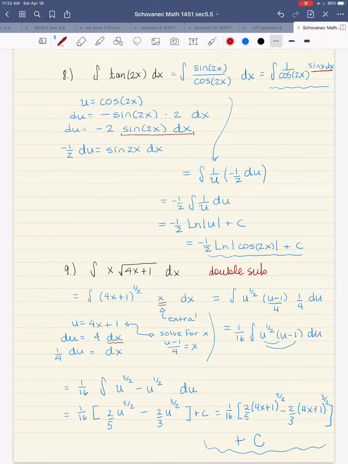Now this double substitution is usually going to happen when the degree inside is not greater than the degree outside.